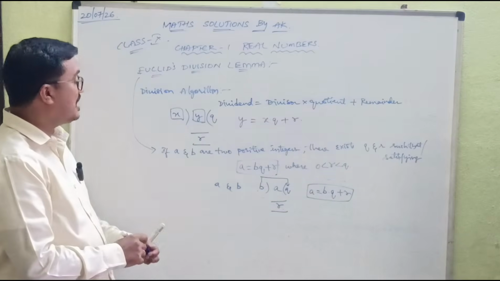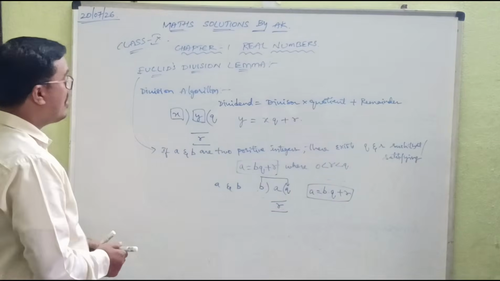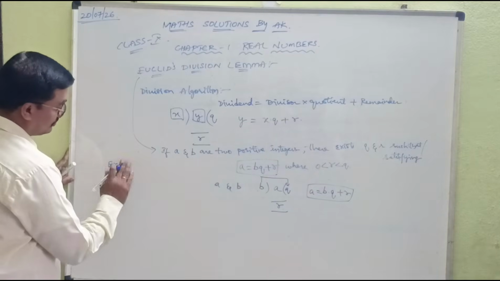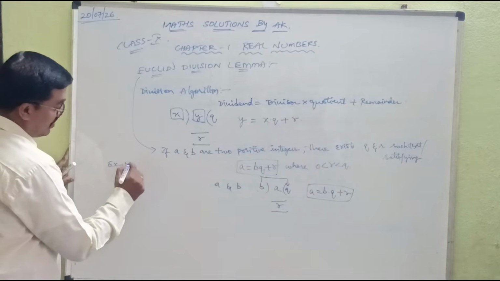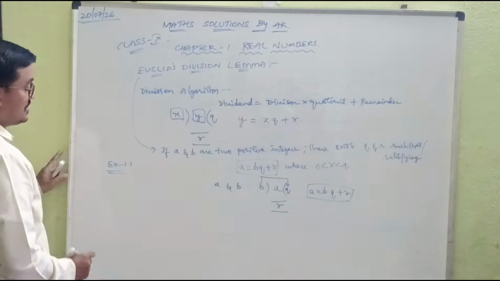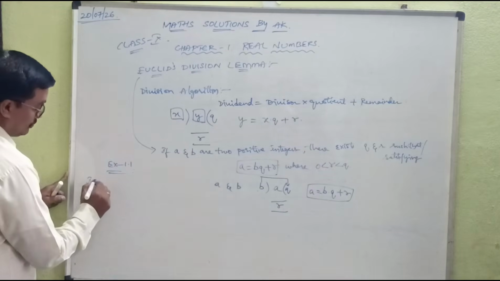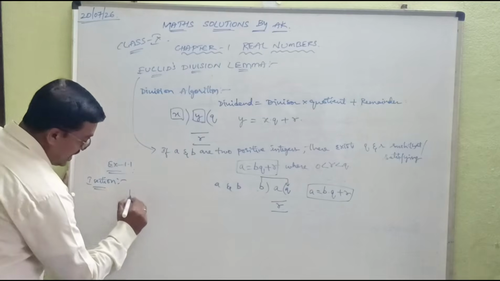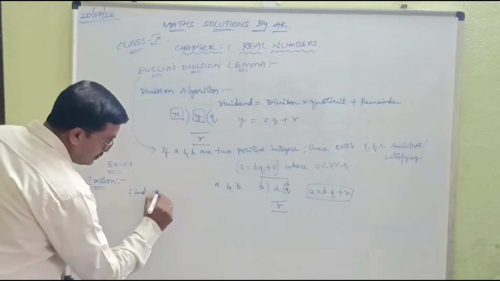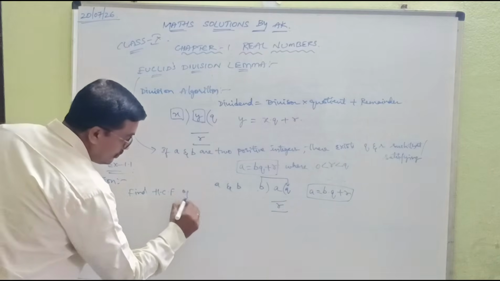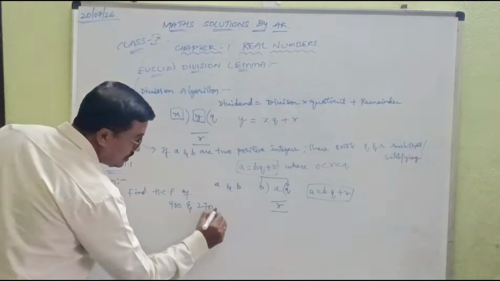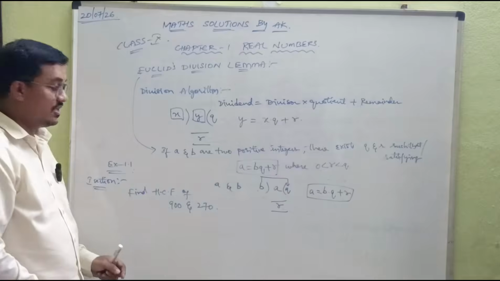By using this concept, let us try to solve one example related to Exercise 1.1. The question is: find the HCF of 900 and 270.